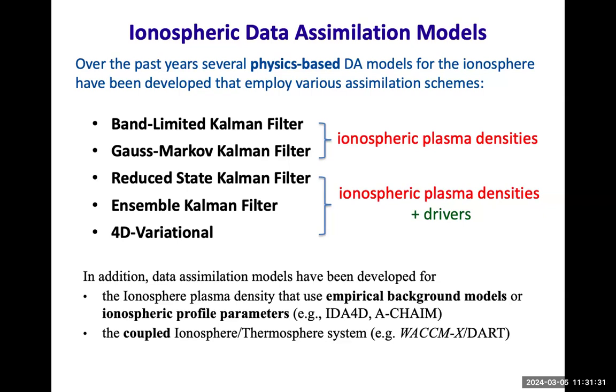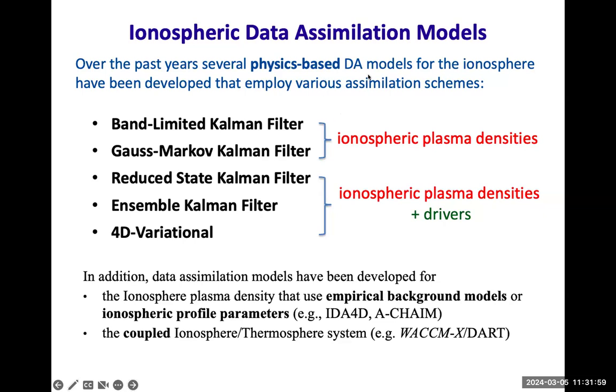Or models have been developed for the coupled ionosphere-thermosphere system. That's, of course, where the neutral wind then self-consistently emerges out of it, or the neutral density. Foremost there is, of course, the work that Tomoko has done over the years, or Nick Pedatella using WACCM-X together with DART. And so there's a whole zoo of different models that have emerged over the years.